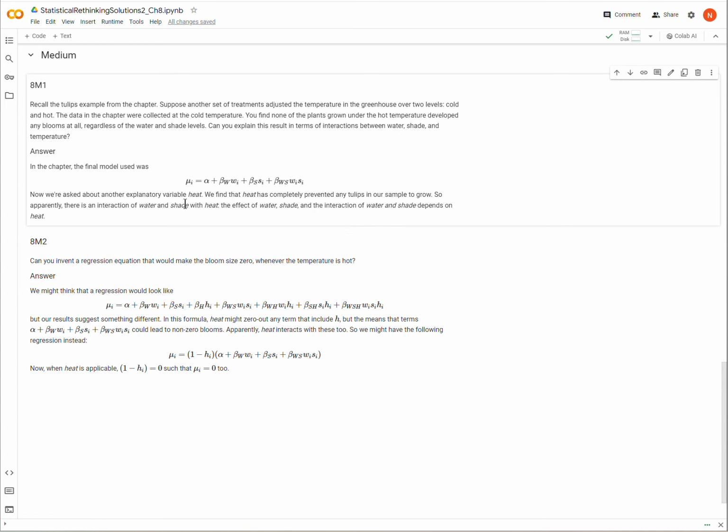Okay, so what we might think that the regression would look like would be to expand the existing equation, right? By adding a heat term, and then a heat by water interaction, a heat by shade interaction, and then a three-way interaction. I think that would be the gut response to answering this question. But that wouldn't really be correct here, because we're trying to guarantee that bloom size would be 0 when temperature is hot.